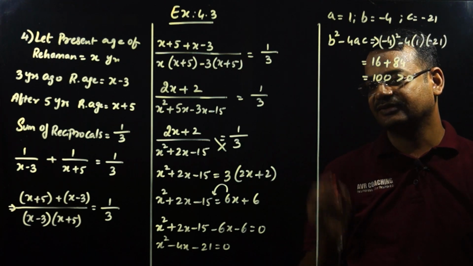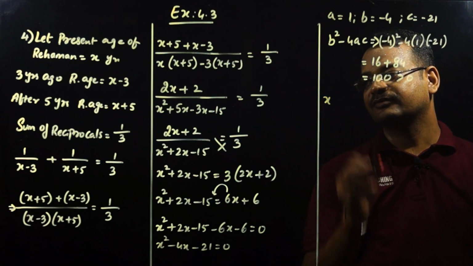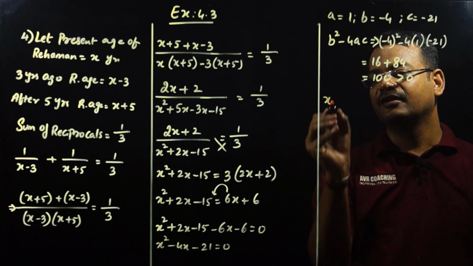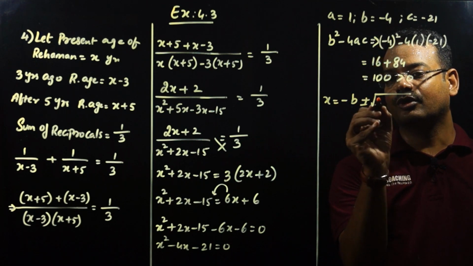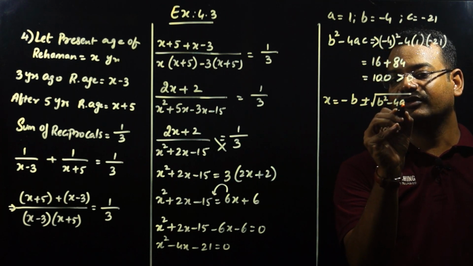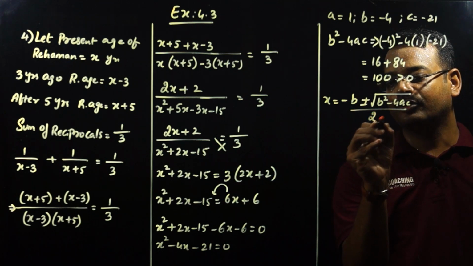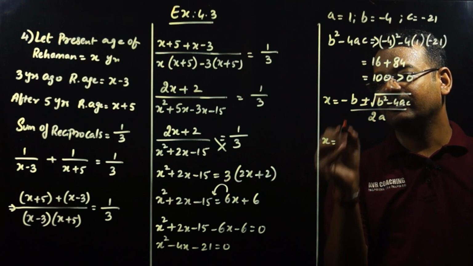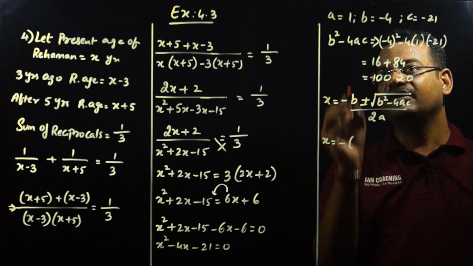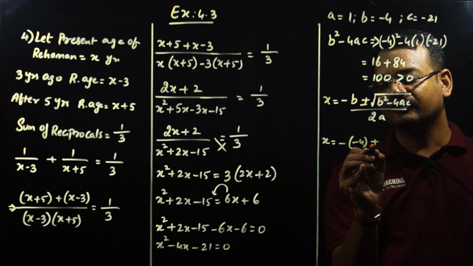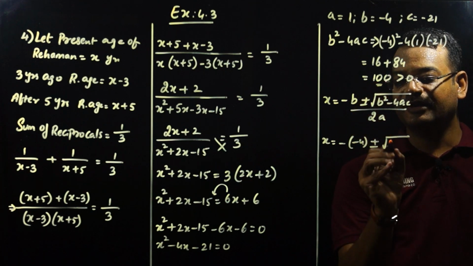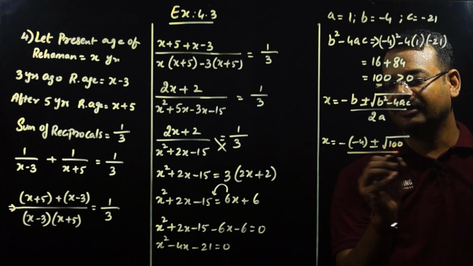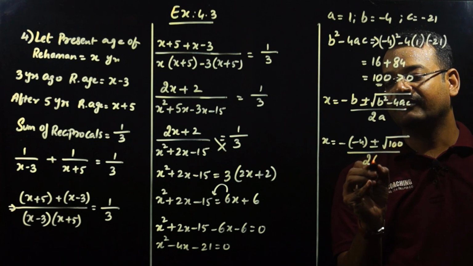Therefore roots exist. So substituting the a, b, c values in x equal to minus b plus or minus root of b square minus 4ac by 2a, the x value will be minus of b, b value is minus 4, plus or minus, we already got b square minus 4ac is equal to 100, so root 100 by 2 into a. A value is 1.